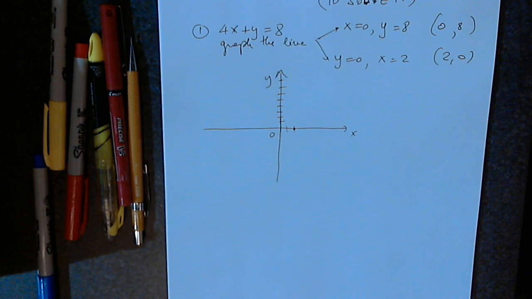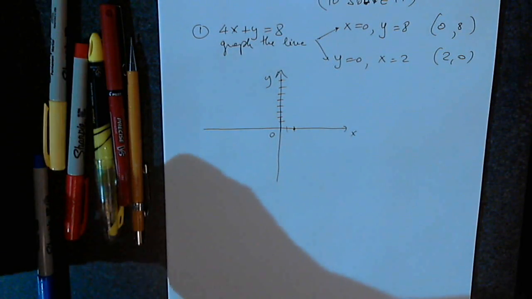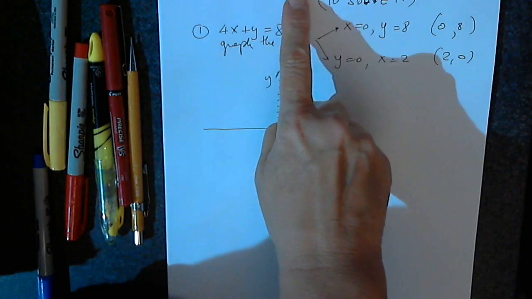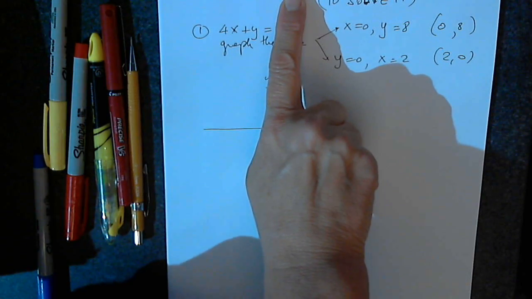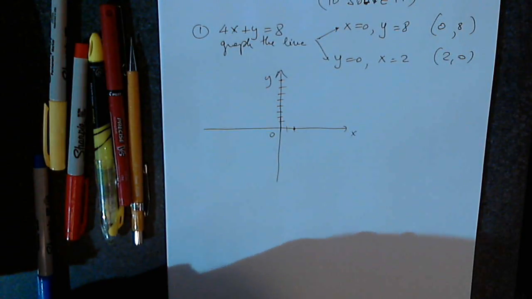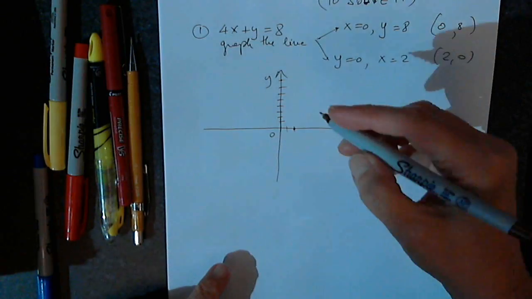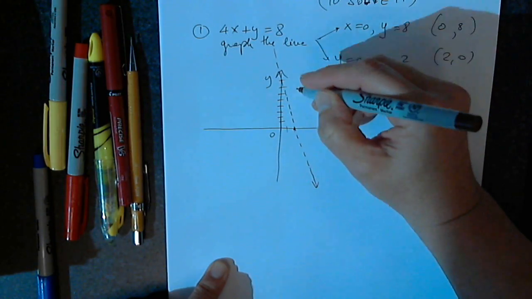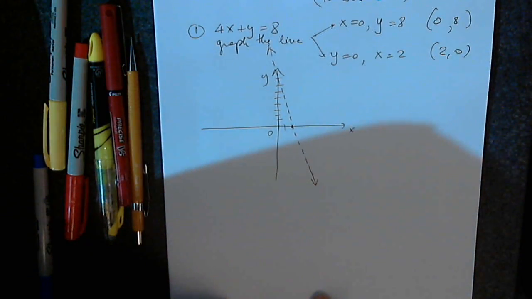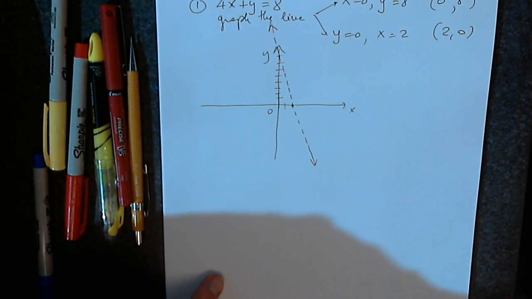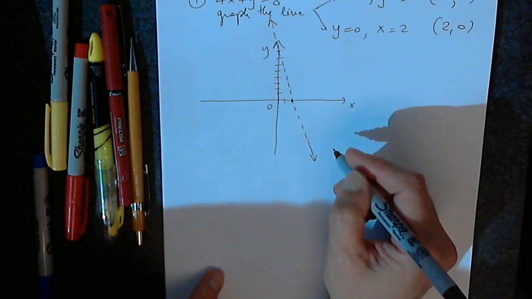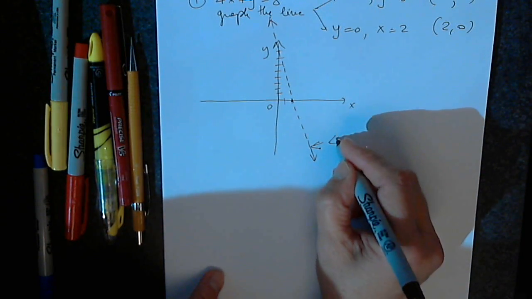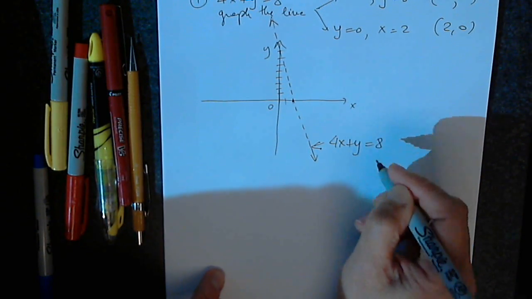However, before I graph the line and extend it, I have to look at the inequality symbol. Since the inequality symbol does not have the equal symbol, I cannot graph the line as a solid line. Dotted line or dashed line, whatever you want to say. So this is 4x plus y equals 8.